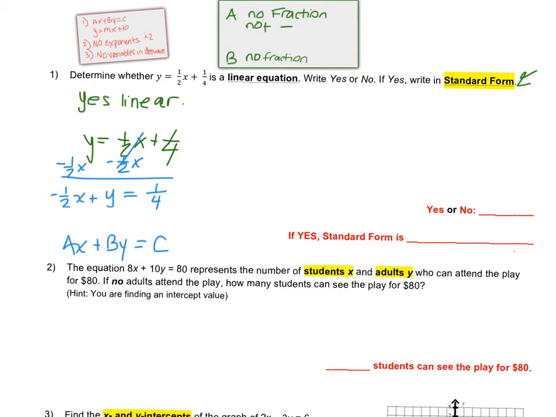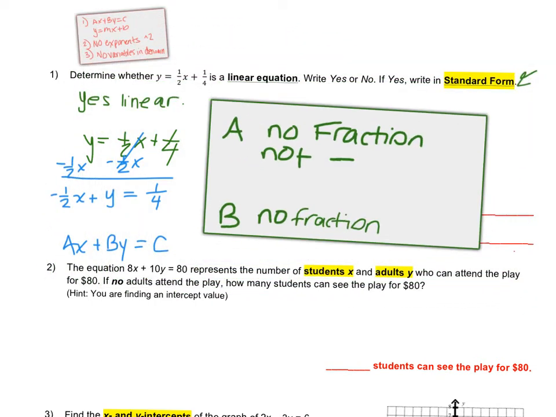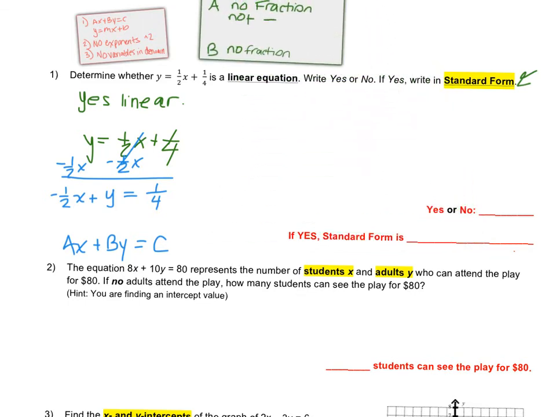But I still have not reached all of the things that you need to satisfy. I put it in ax plus by, however, a is a fraction and it's negative. So how do I get rid of that 1/2 and the negative all at once?